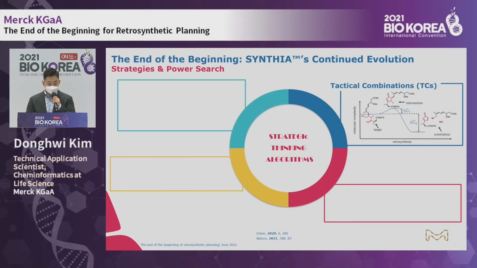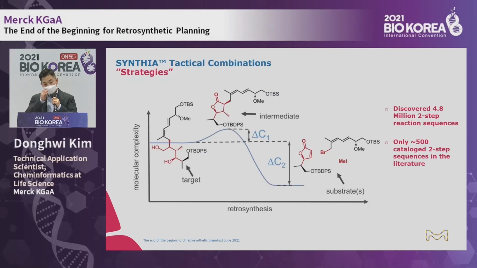Instead, it may actually be beneficial to go through an intermediate that does not produce any immediate gain and can even increase the structural complexity of the intermediate, but sets up the scene for a step offering significant simplification. Tactical combination was formerly known as strategy.